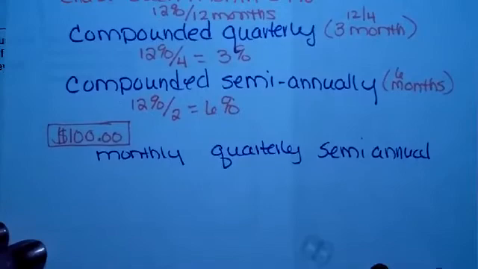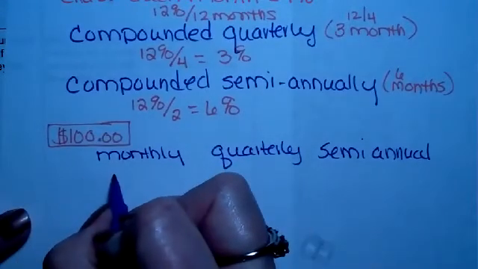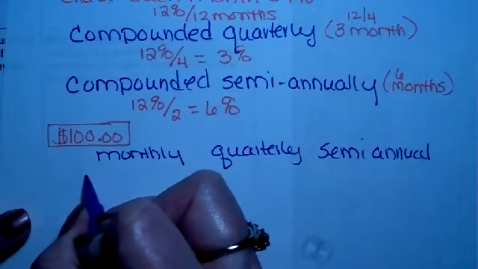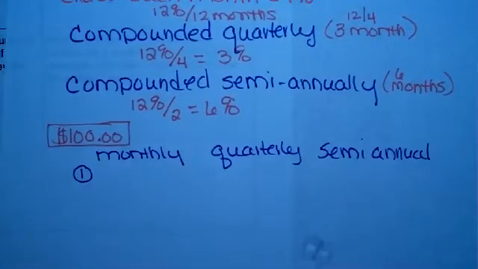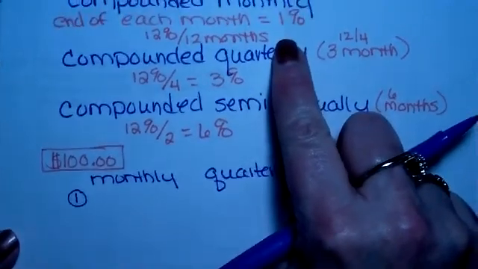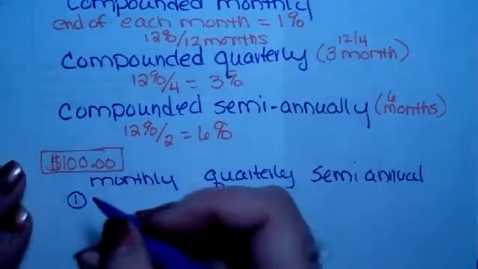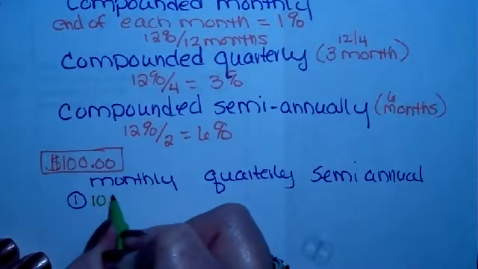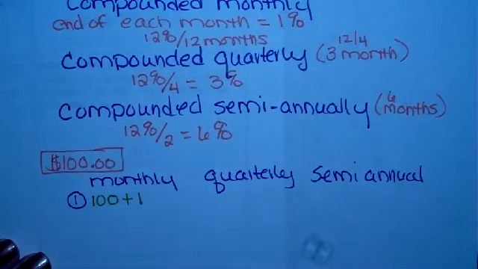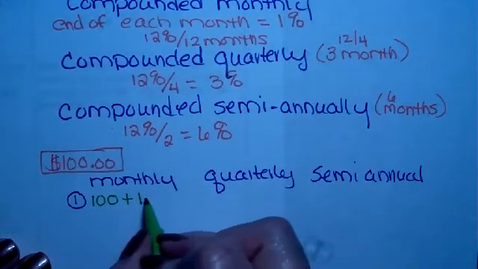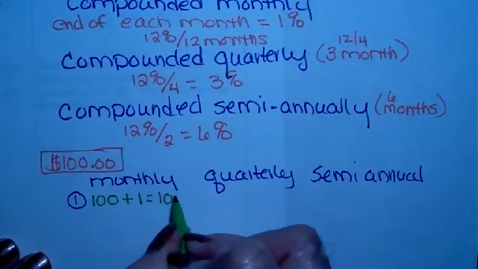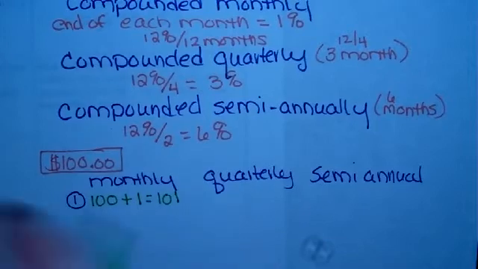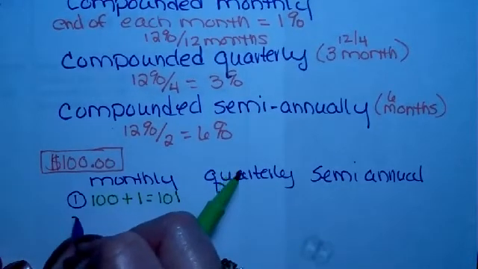Now, what's going to happen at the end of month one? Month one says we're going to give it 1%. So what you're going to have at the end of month one is $100 plus $1, because $1 is 1% of $100. So you've got $101.